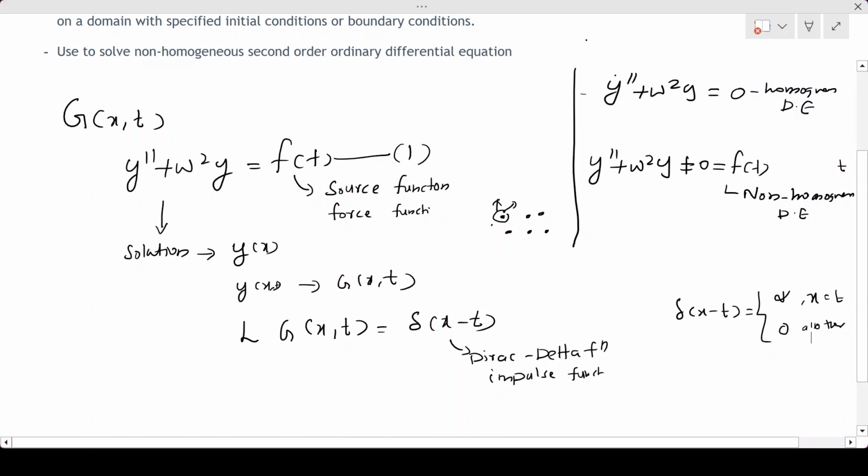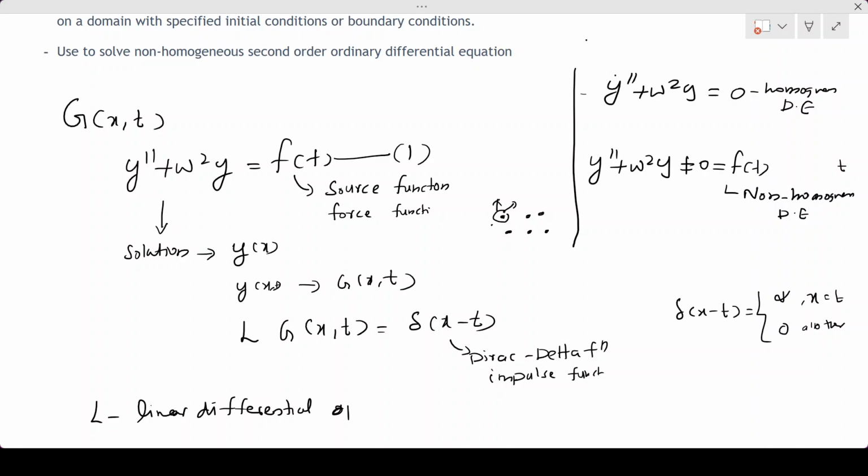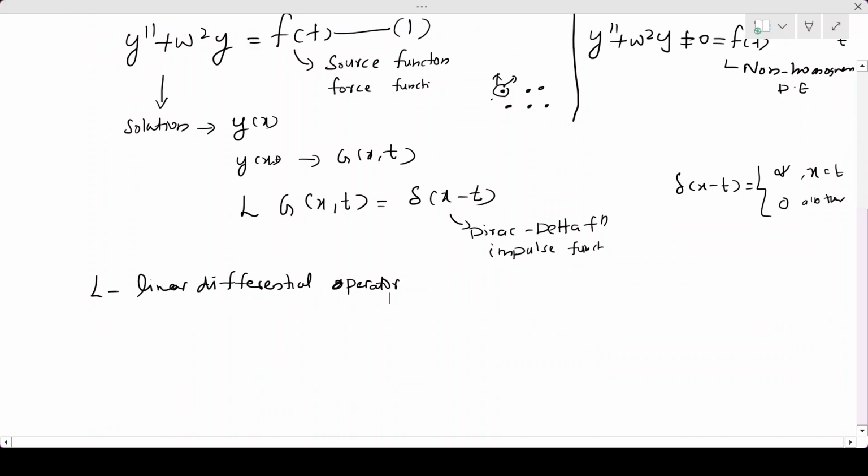But what I am trying to say is that here L is a linear differential operator. For example, let me take L as d square by dx square plus omega square as a linear differential operator, which is operating on a Green's function, and the result will be a Dirac delta function.